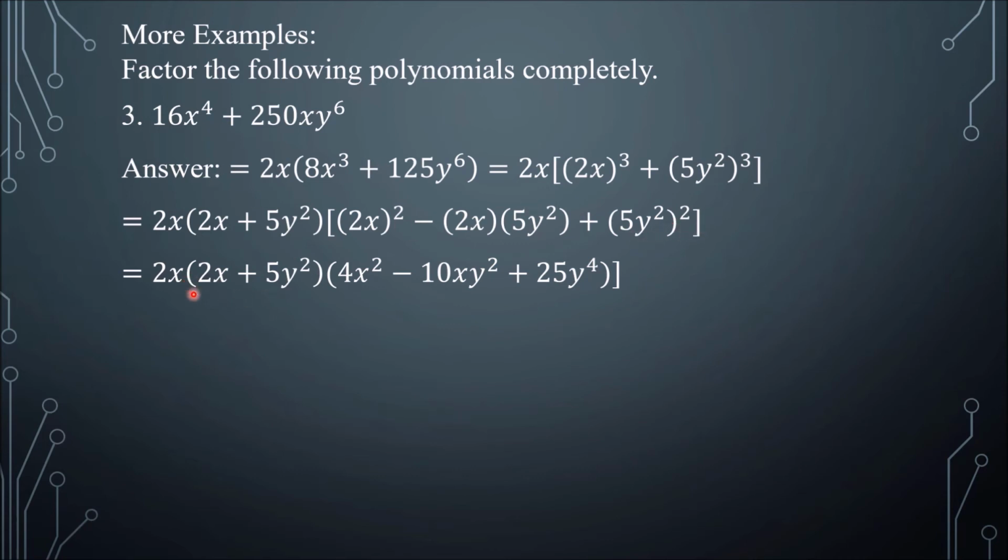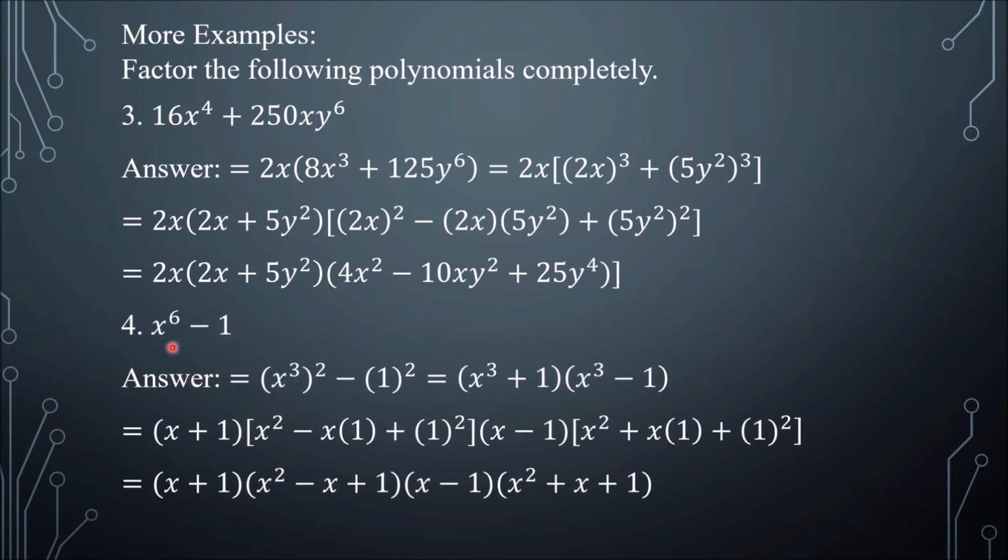Simplifying, we have 2x plus 5y squared times 4x squared, and then 2x times 5y squared is 10xy squared, plus 25y raised to the fourth. So that's the factored form of number 3.